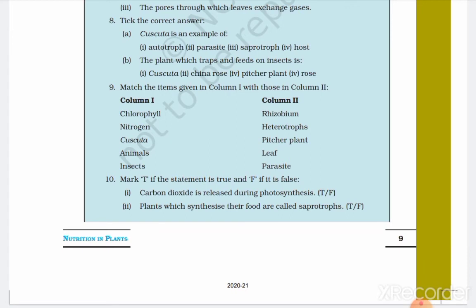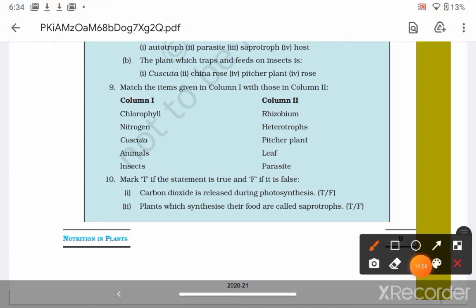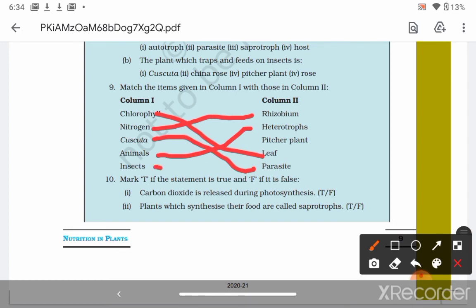Match the items given in the column 1 with those in column 2. So chlorophyll is equal to leaf, nitrogen is equal to rhizobium, Cuscuta is equal to parasite, animal is equal to heterotrophs, and insect is equal to pitcher plant.